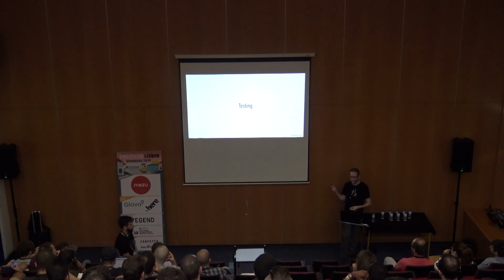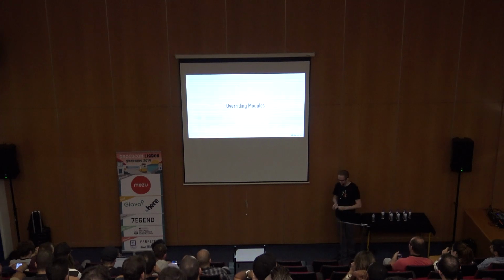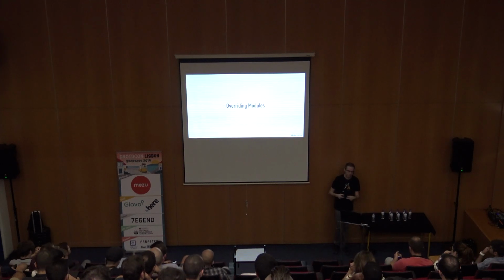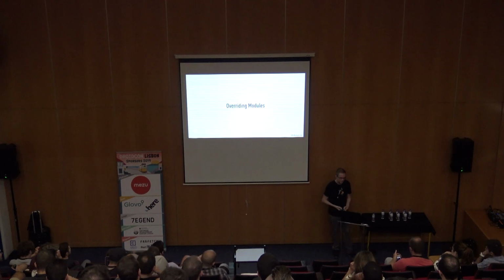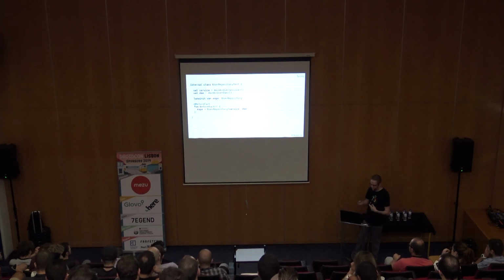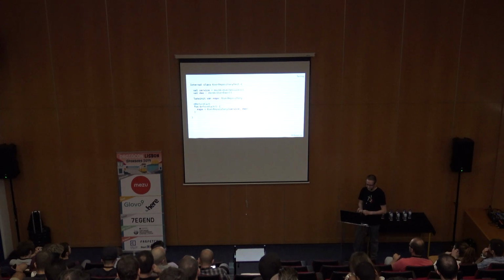So I mentioned testing a few times. I love testing. I spend more time writing tests than code, and one of the common concerns about testing is overriding modules. This is really, really hard for a dependency injection library to do, normally. So let's say we have a test, and you're testing your repository.